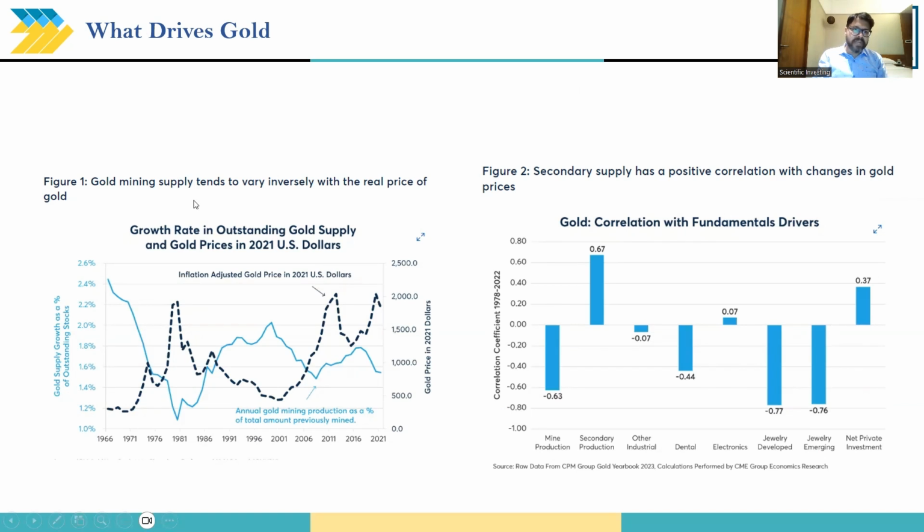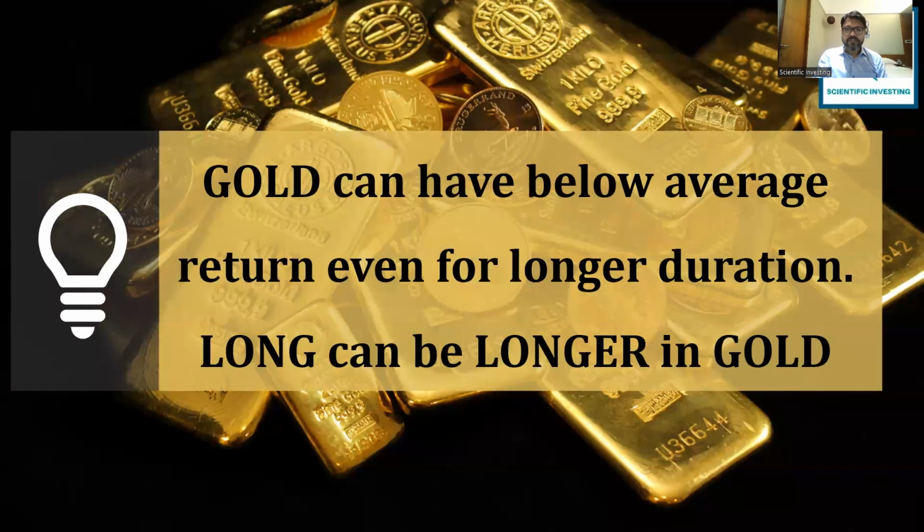And actually, there is some kind of correlation with gold mining supply. Gold mining supply tends to vary inversely with real prices of gold. As supply decreases, gold prices increase, and as gold supply increases, gold prices decrease, which holds true. So even if you have to look at some kind of correlation in macroeconomics, I think this is one good data point we should look at when we are trying to understand what drives gold prices.